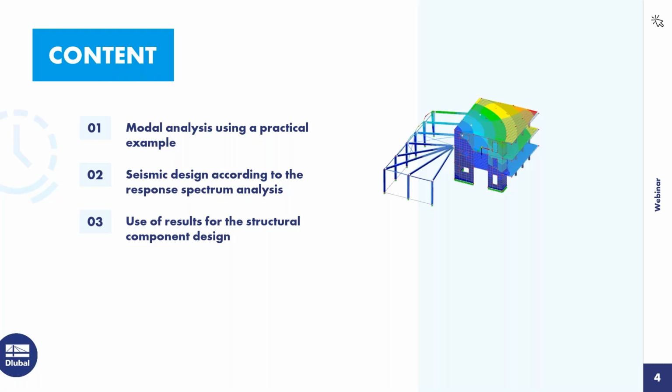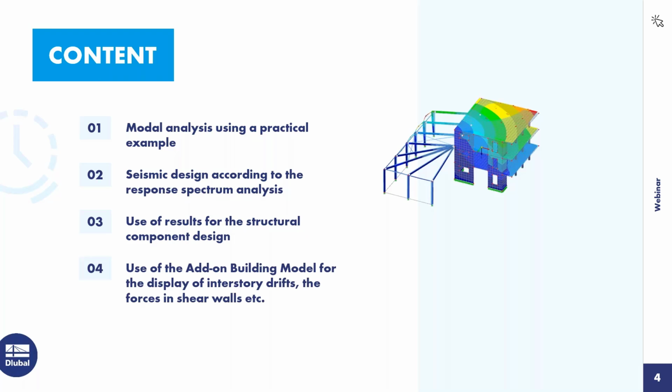Then he will show how you can use the results for the structural component design, and he will apply the add-on Building Model, for example, the shear walls, the forces in shear walls.